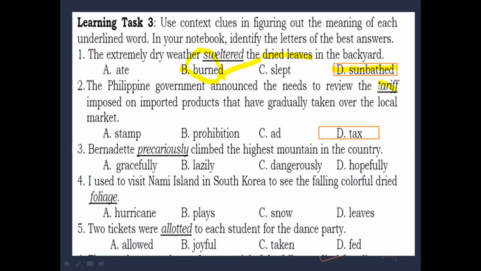Yung dinadagdag sa ating mga binibili, yung mga may porsyentong 12%, imposed on imported products that have gradually taken over the local market. So, sabi dito, dagdagan daw yung tax ng mga imported products. Di ba? The tariff and tax are the same.